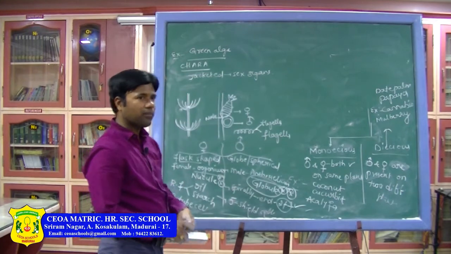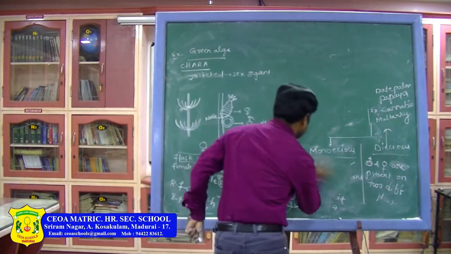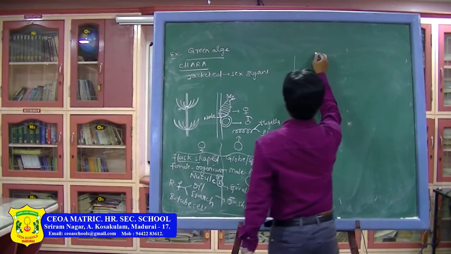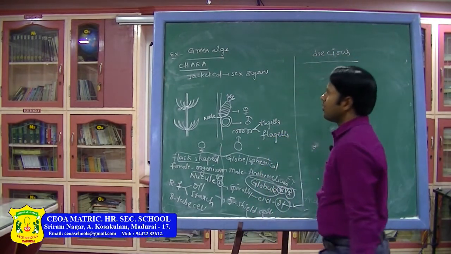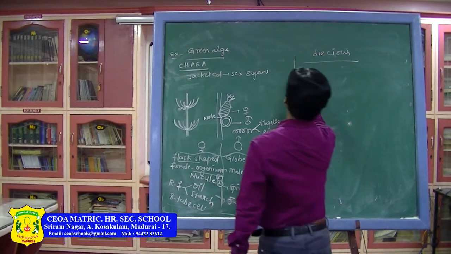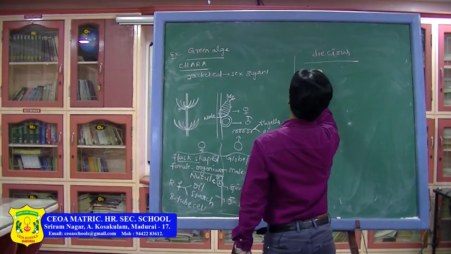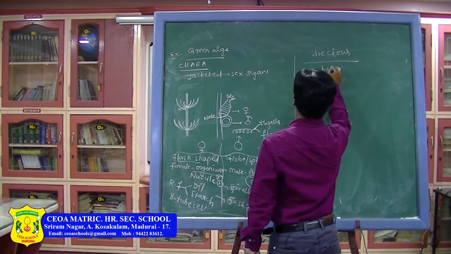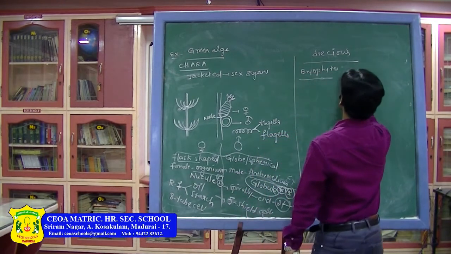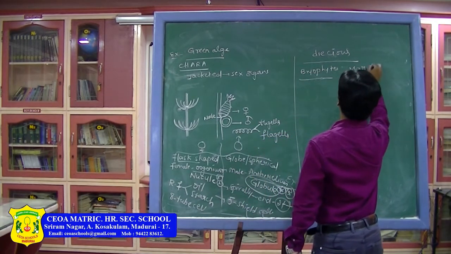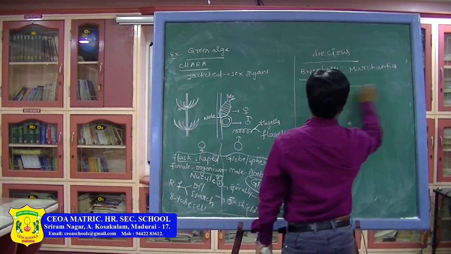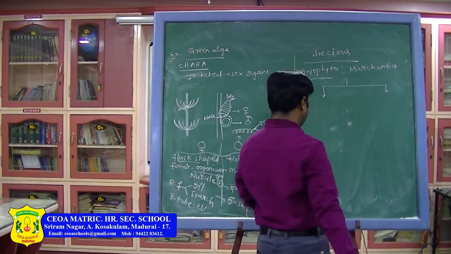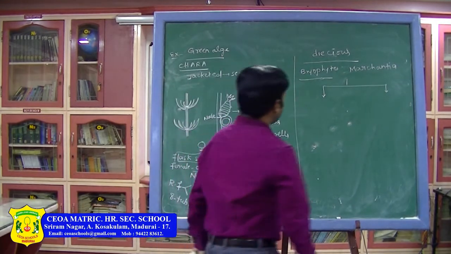Now, I am going to explain the dioecious. In the dioecious, the bryophyte Marchantia, here 2 male and female reproductive structures are present.